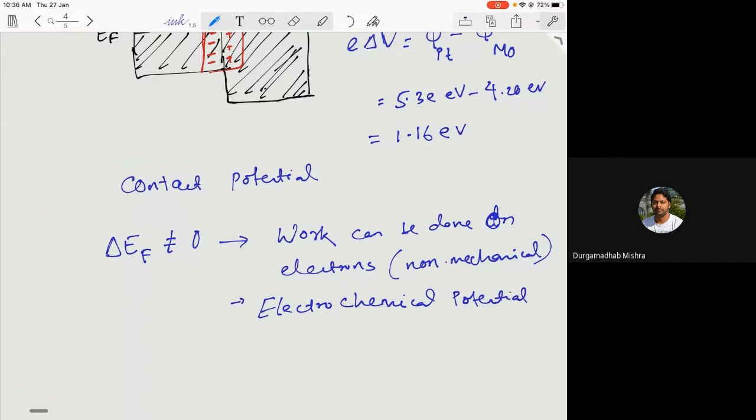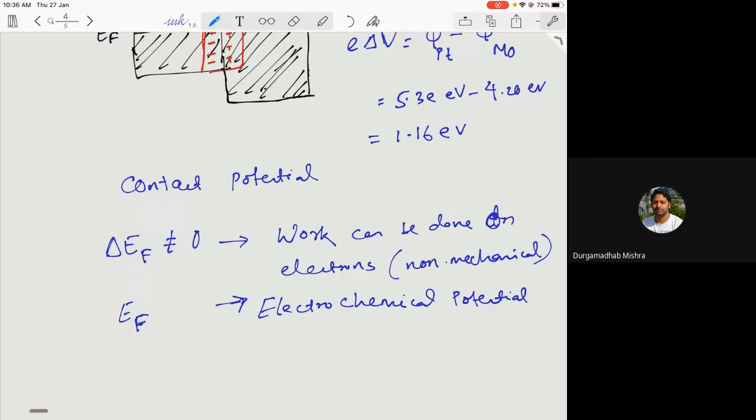Therefore this EF is sometimes known as an electrochemical potential. When you have a potential difference, you can do work. Similarly here, if you have a difference in the Fermi level, you can do electrochemical work, which is non-mechanical in nature. So electrical work or chemical work, so to say. This is an analogous way to understand that.